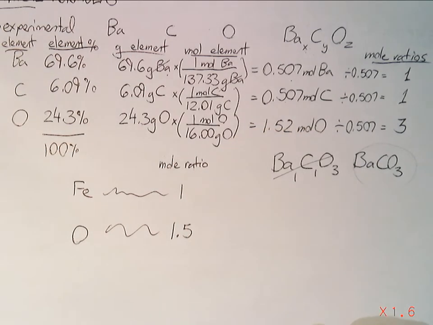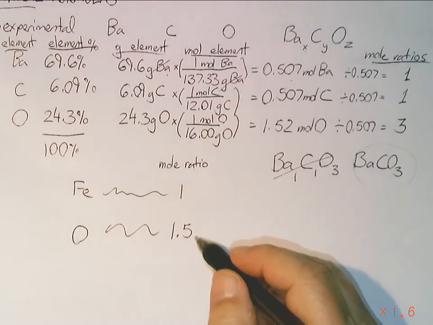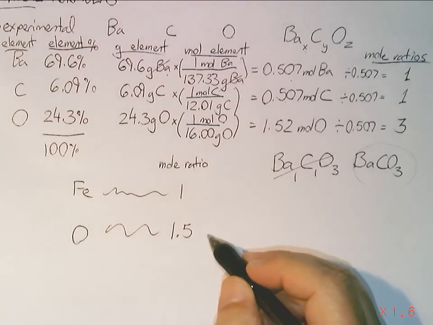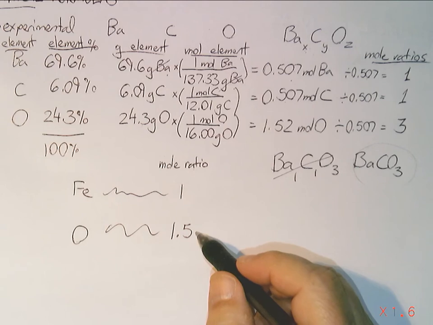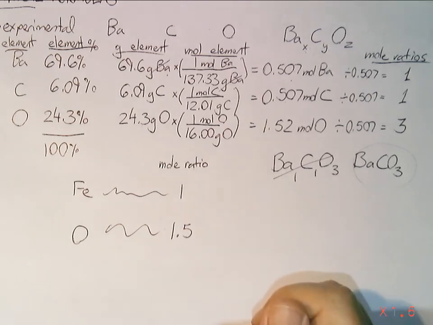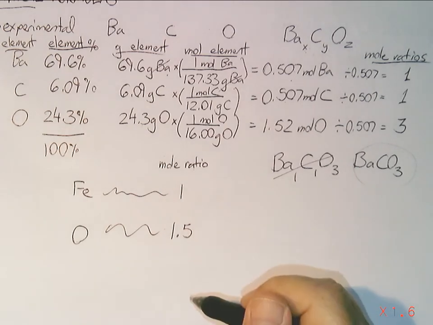Now what do you do with that? Because you're not getting an integer here. You're getting something like 1.51 or something if there's a little bit of experimental error in your data, but you're not going to be able to round that off to a 2.